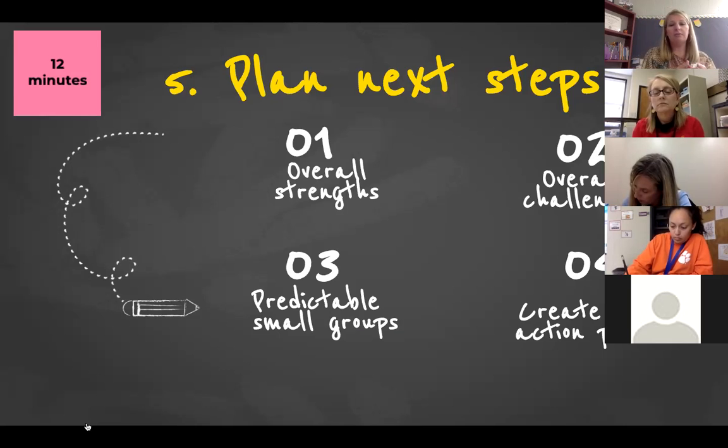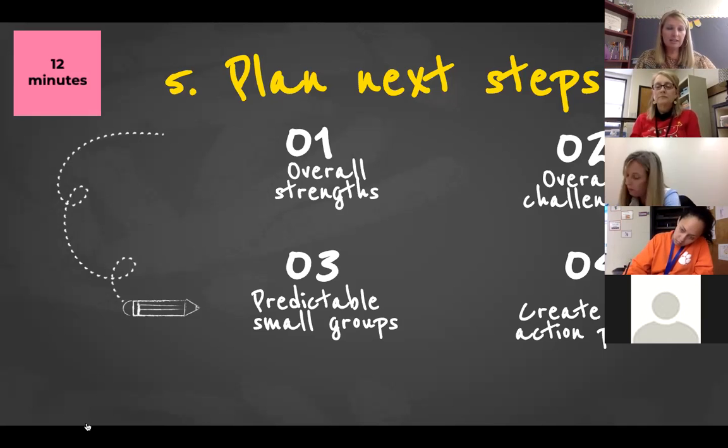Now I know that I need to work with this group on naming the main idea. And I'm going to create an action plan of how I'm going to do that. On day 1, we'll do this. And the next time I meet with them, maybe I'll do this. So you're creating a really targeted and intentional small group.